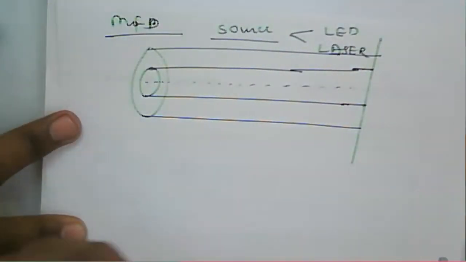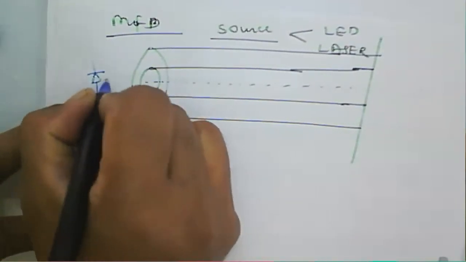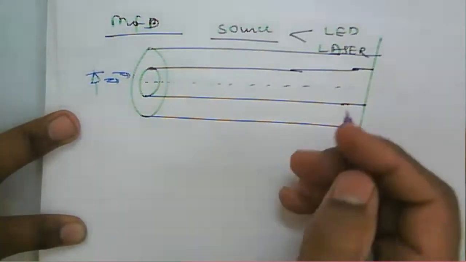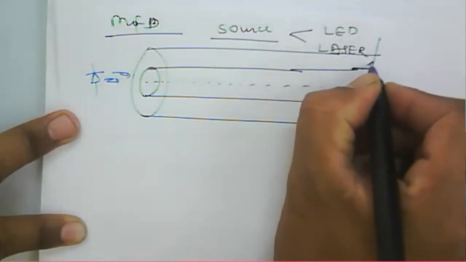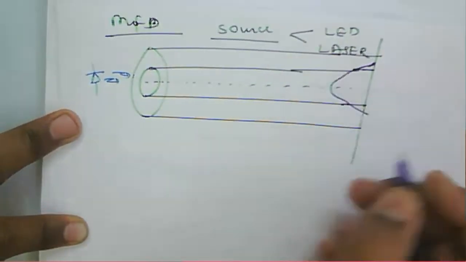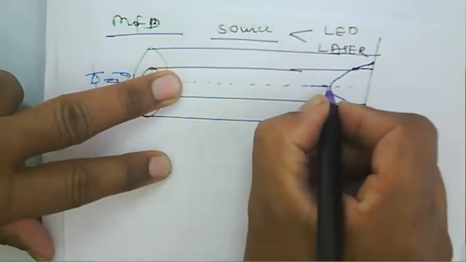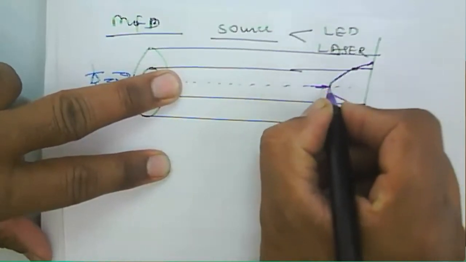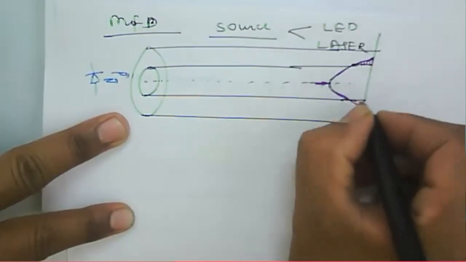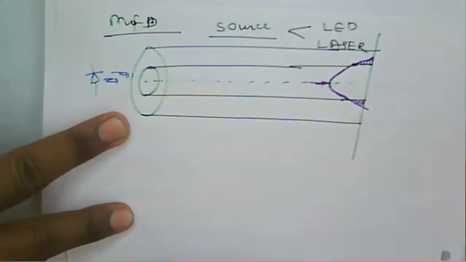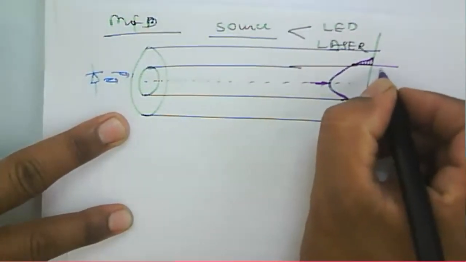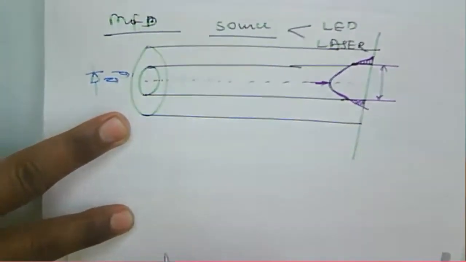When power is launched inside the fiber, the signal will look like it is maximum here at the center. But some of the power is radiated in the cladding. But the effective width of the source will be likewise.